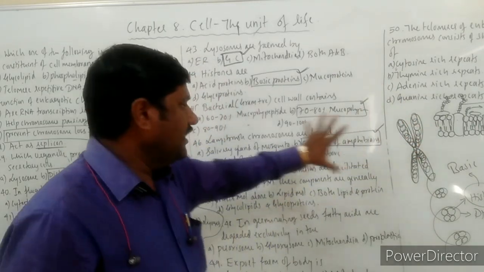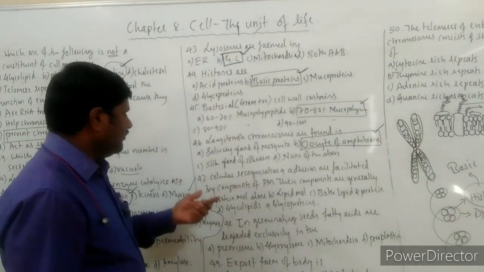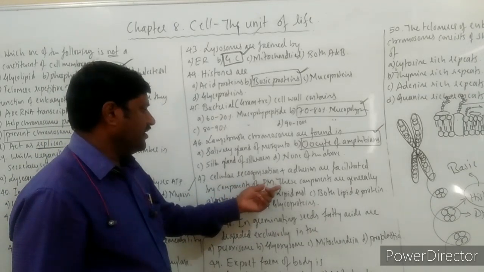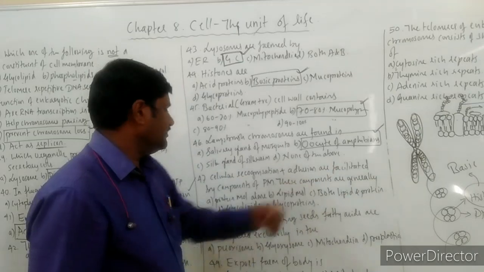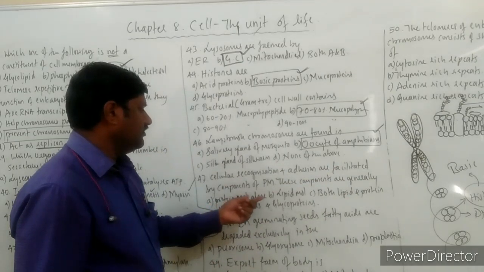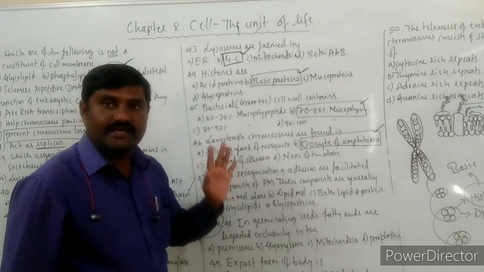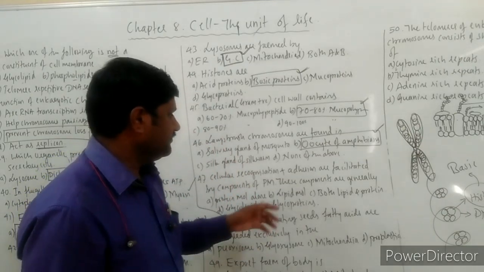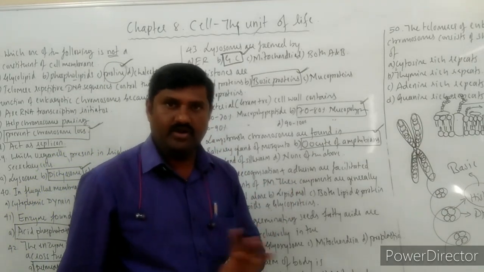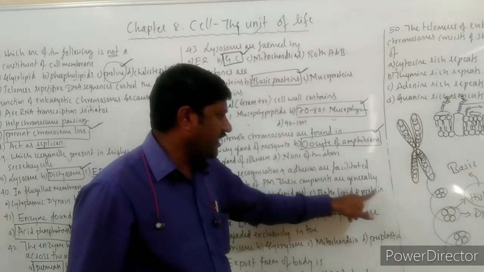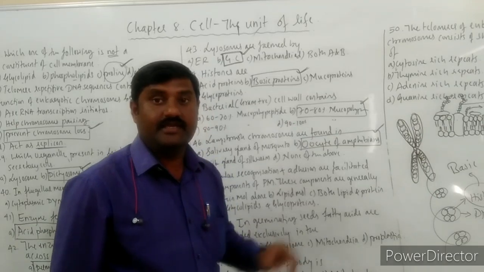Right? So let us see now which options are given over here. Components of plasma membrane. These components are generally protein molecules alone. Proteins alone are not cell recognizers. Not only lipid molecules, but both lipids and proteins, he says.